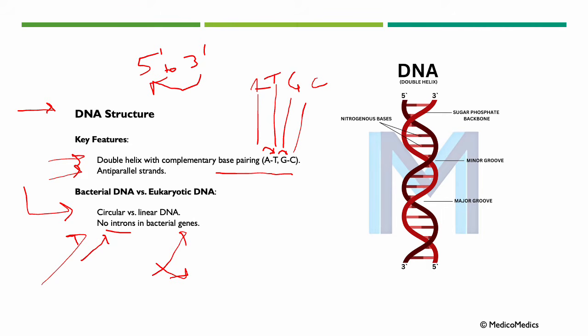Well, bacterial DNA, as we just mentioned in our previous slide, is supercoiled within the nucleoid, while eukaryotic DNA is wrapped around histones and enclosed in a nucleus. That was one high-yield difference. Bacteria do not have a nucleus. Also, its chromosome is not membrane-bound. All of these are high-yield things for you to pick up on.